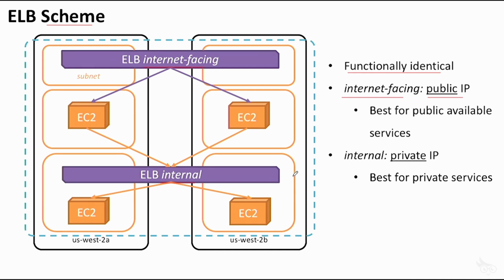But for internal use, in the case of a 4-tier system where you want to separate your web tier or perhaps a proxy or a caching tier apart from your application layer, then an internal load balancer is a good thing to use there. So the internal load balancer simply gives you a private IP address. And that's really the only difference. So the Elastic Load Balancer is one of the most important and powerful keys to creating a highly available and fault-tolerant application within Amazon Web Services.